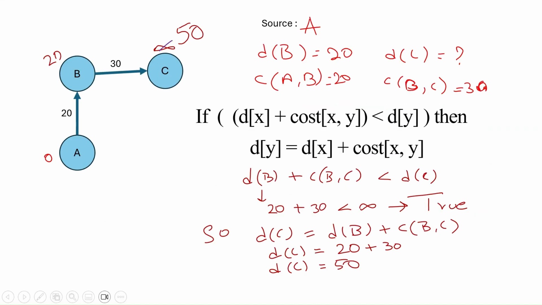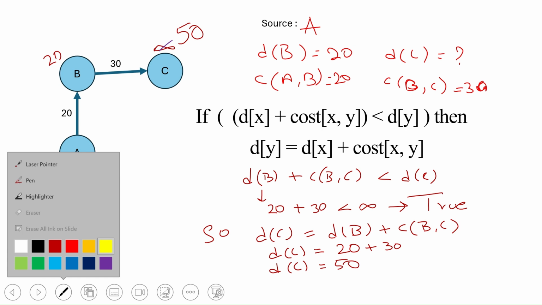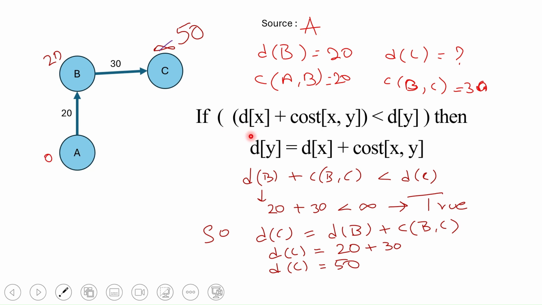So here I represented everything which I told you just now. You can just see for a while. Here you can see the formula: distance of x plus cost of the edge from x to y, if it is less than distance of y. Only if this is true, we are going to change the distance of y value.